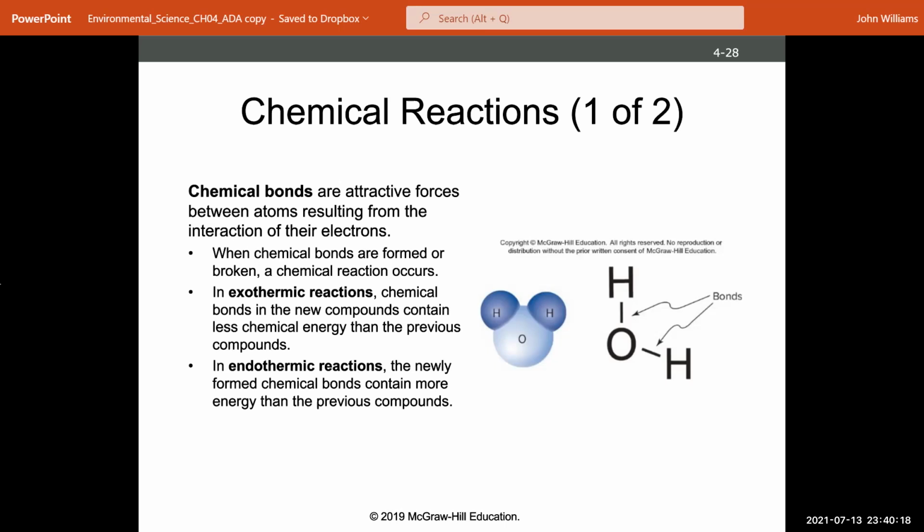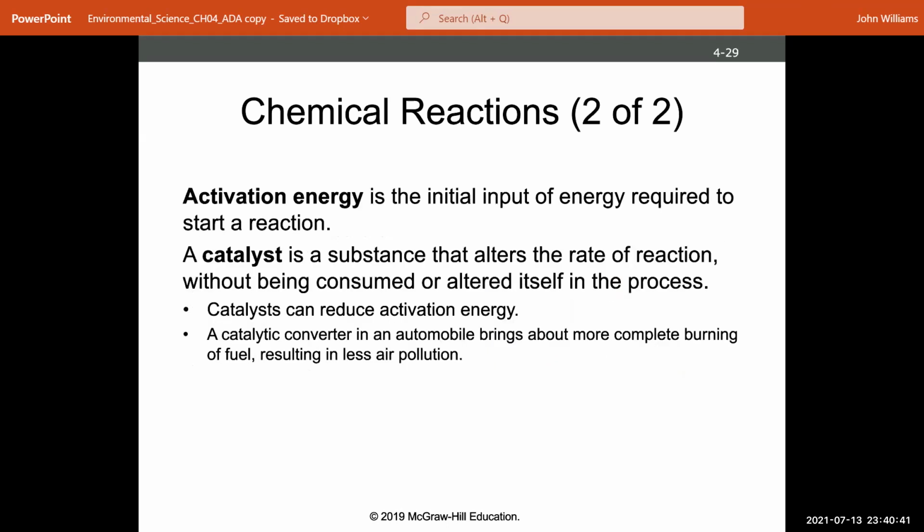In endothermic reactions, the newly formed chemical bonds contain more energy than the previous compound, so they've stored energy in those products. Okay, so exo is releasing, endo is basically storing. So exo has less energy than the previous, endo has more than the previous.